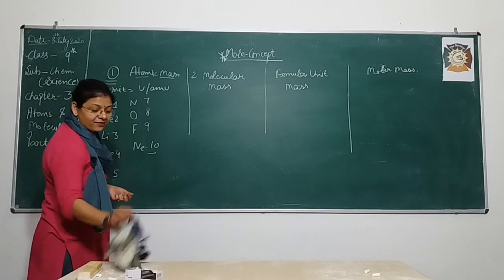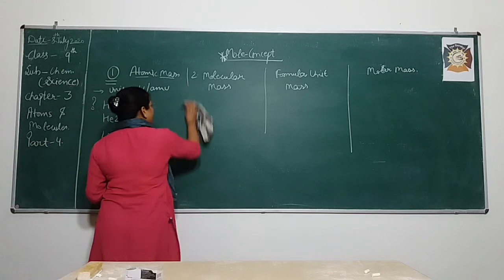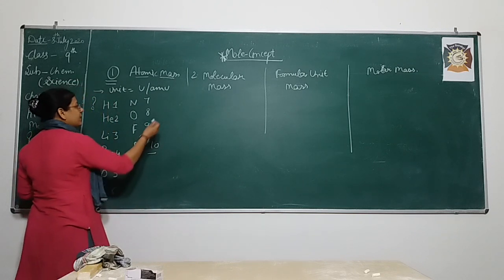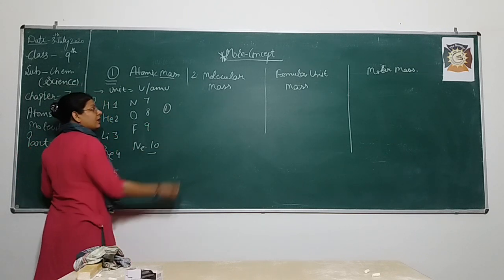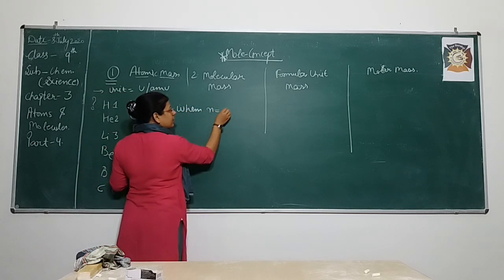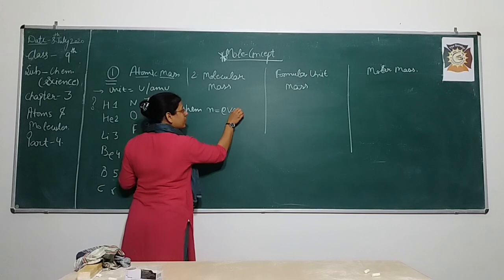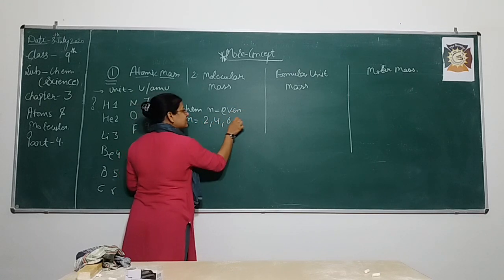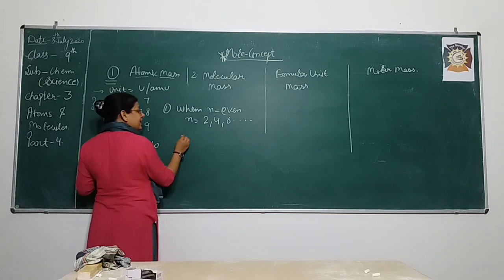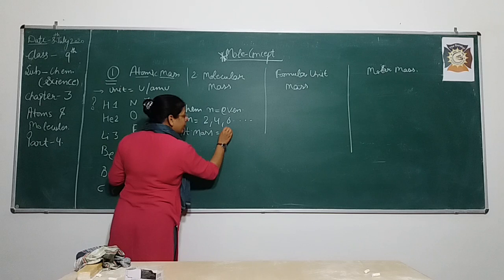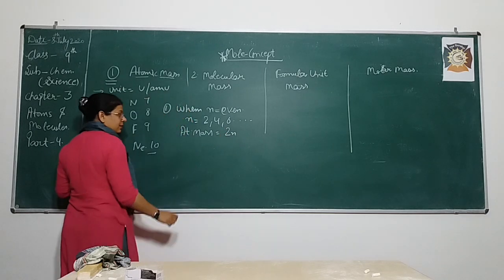So here we have two formulas for how we calculate the atomic mass based on the atomic number. First condition, when the atomic number is even, that means the value is 2, 4, 6 and so on, then the atomic mass formula is what bache? 2n.